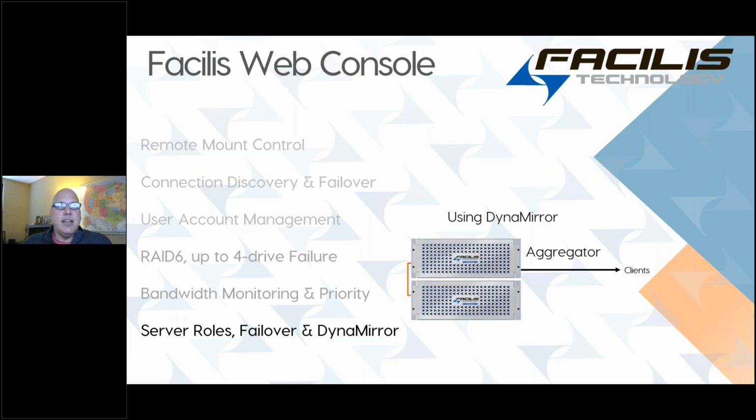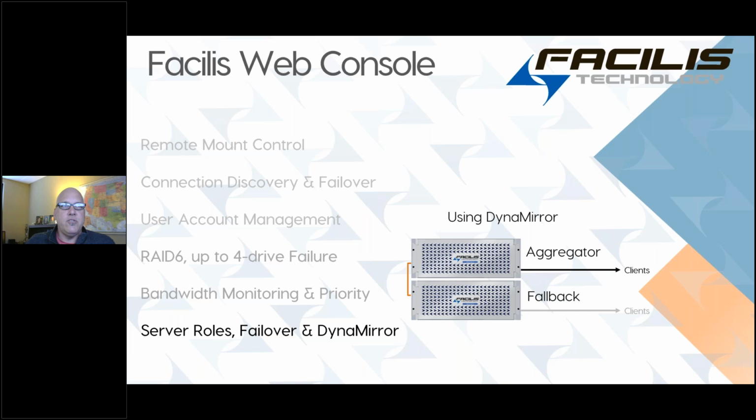Using DynaMirror, I can add one server as the aggregator and the other server as the fallback, so that if I do have a mirrored volume between two servers, the aggregator will always be sharing that volume out to the clients until and if the aggregator has a problem and needs to be shut down, in which case the fallback server will take precedence and share that same data out to the clients.